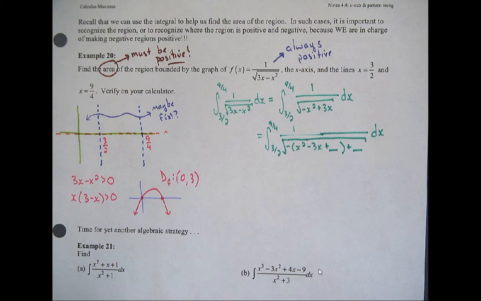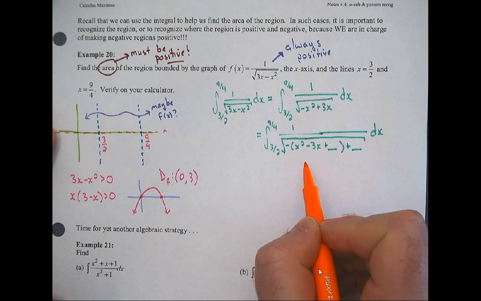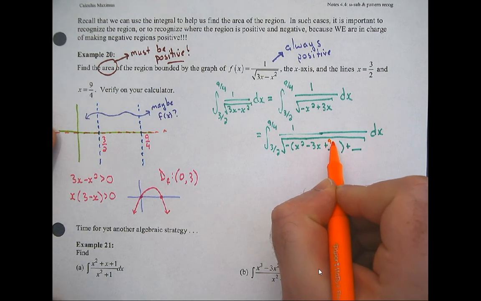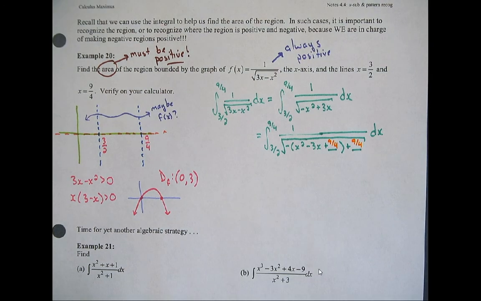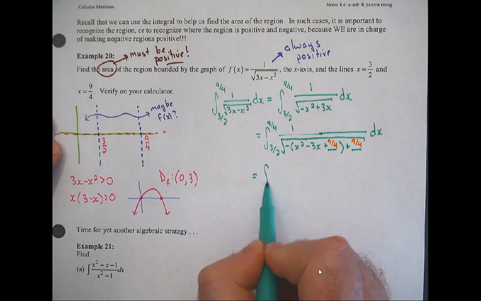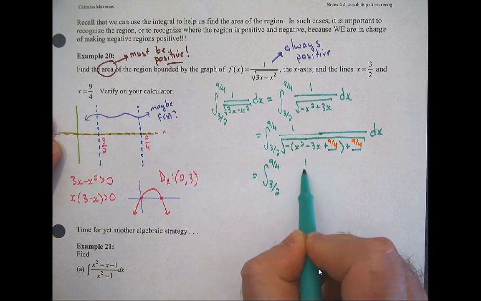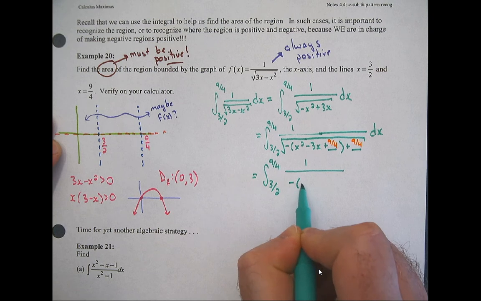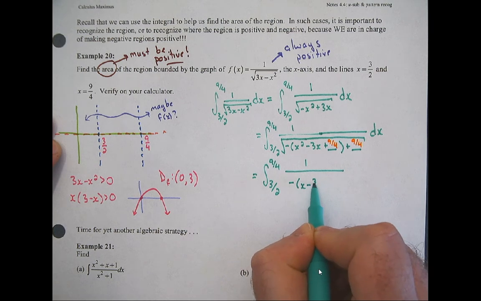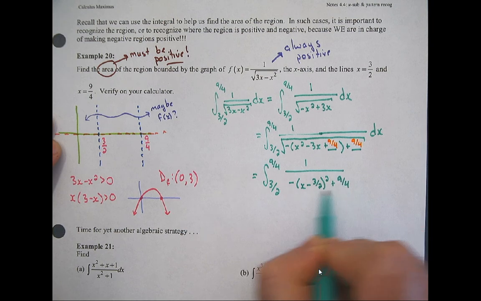So if I cut 3 in half, that's what, 3/2? 3/2 squared is 9/4. 9/4 again. So I now have the integrand of 1 over the square root of negative x minus 3/2 squared plus 9/4.